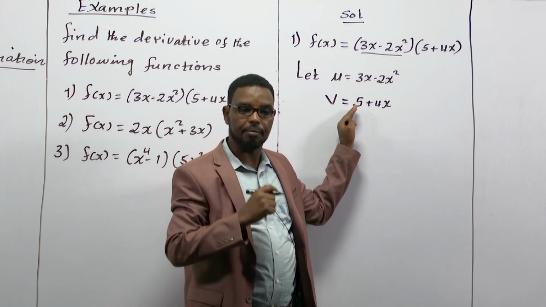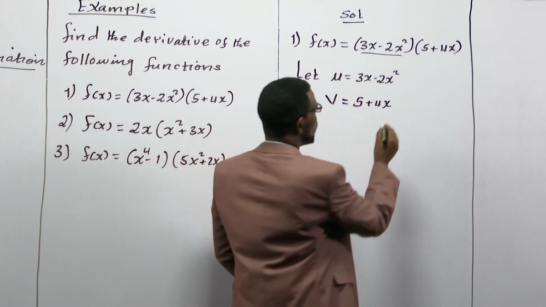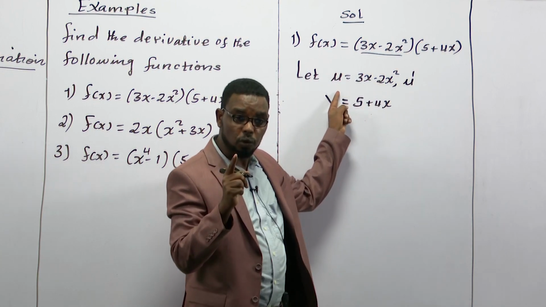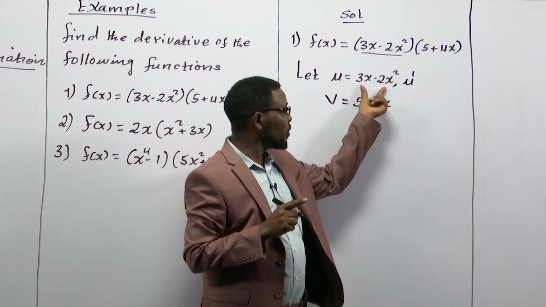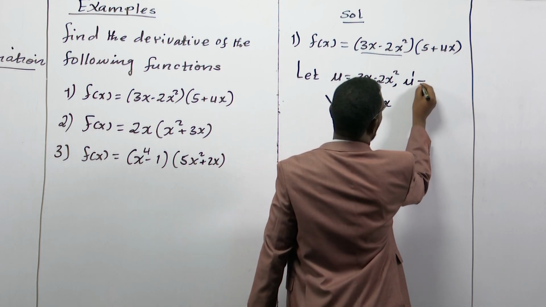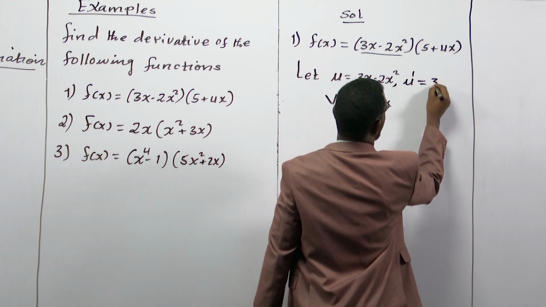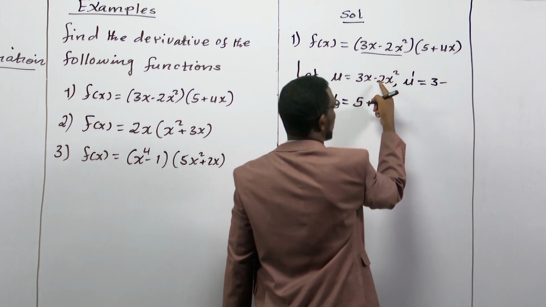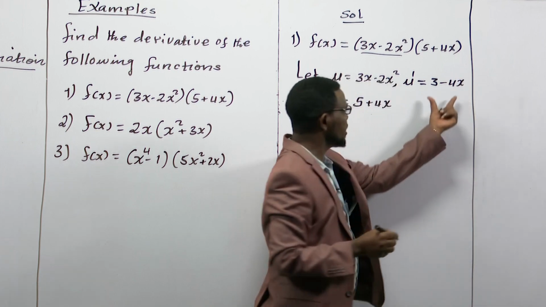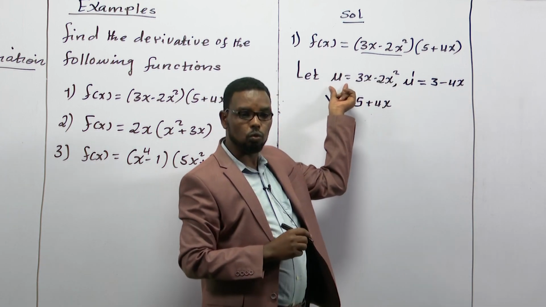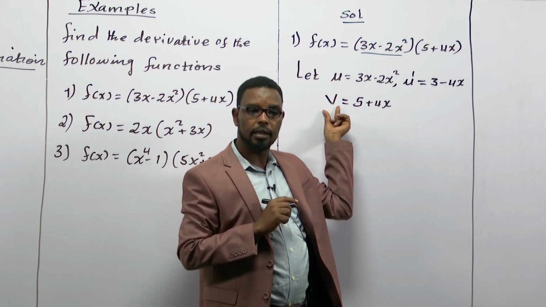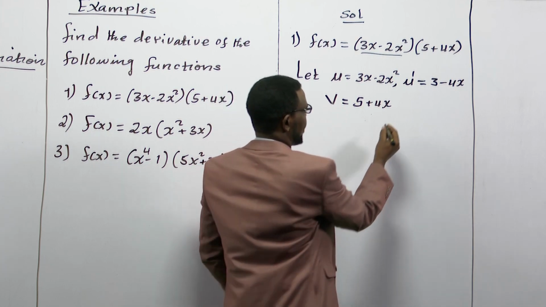The second step, u prime, the derivative of u, is equal to 3 minus 4x. This is the derivative of u. Also, we have to find the derivative of phi.